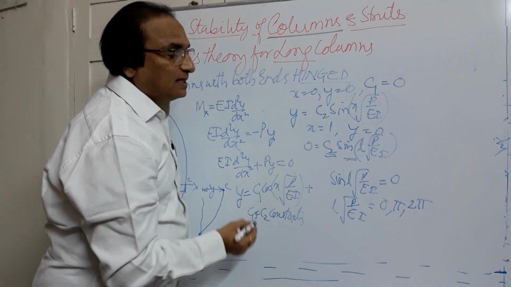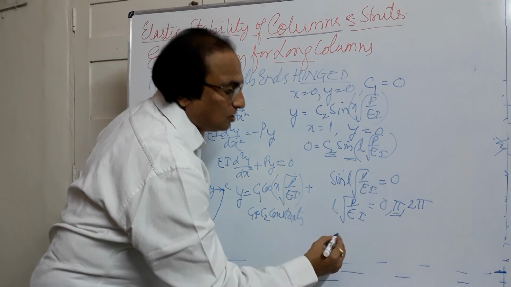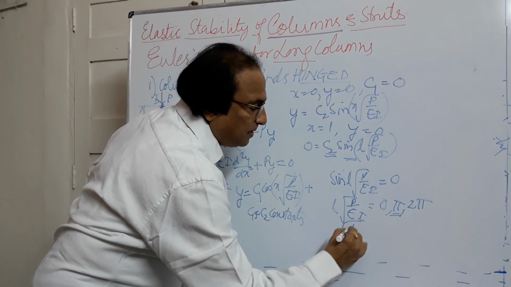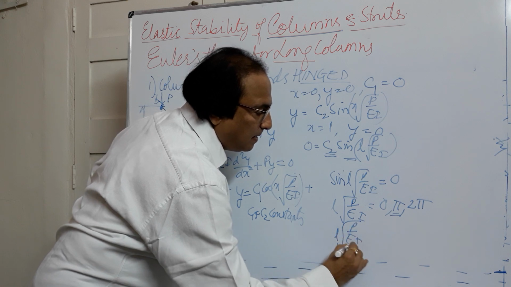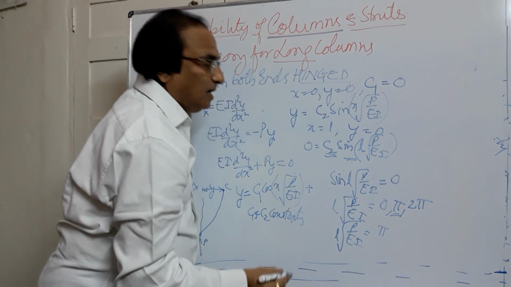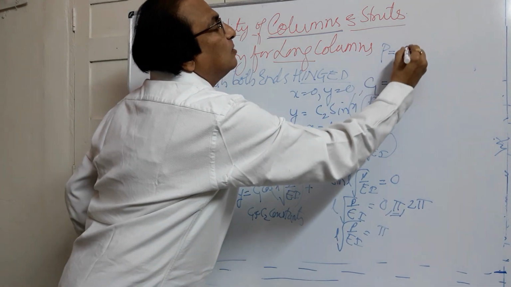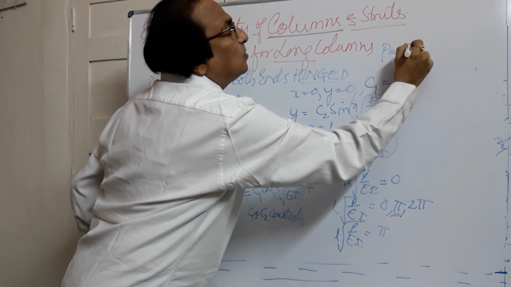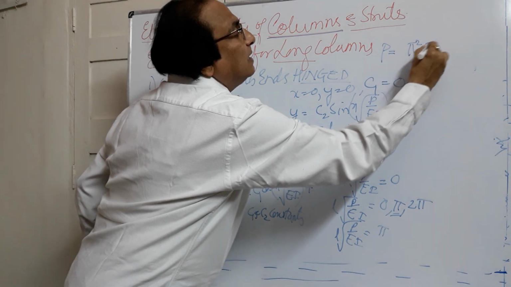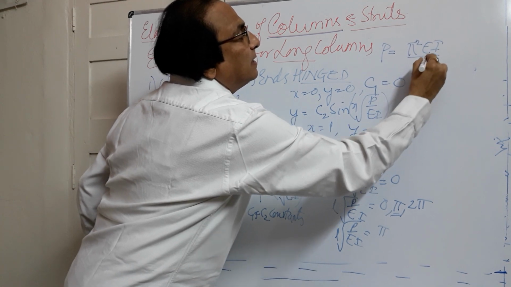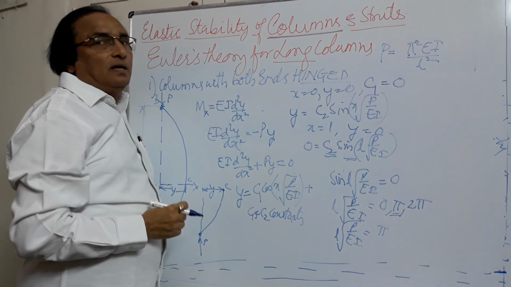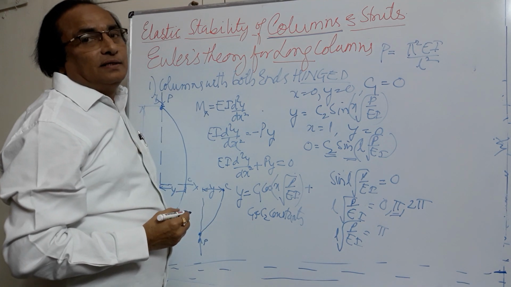So here taking the least practical value, I can write L root P by EI is equal to pi. If I square it and simplify for P, we get P is equal to pi squared EI by L squared.